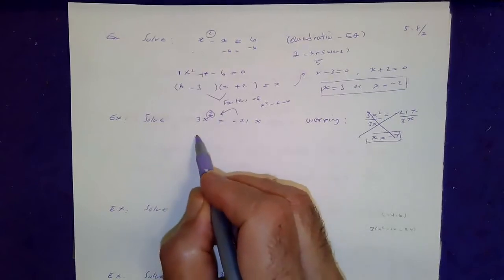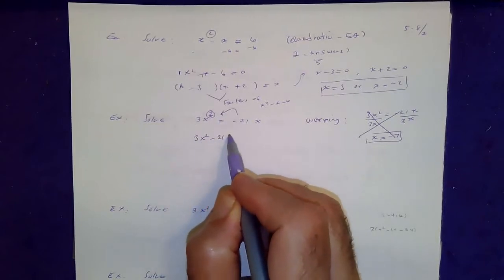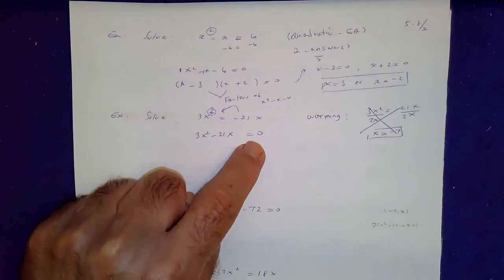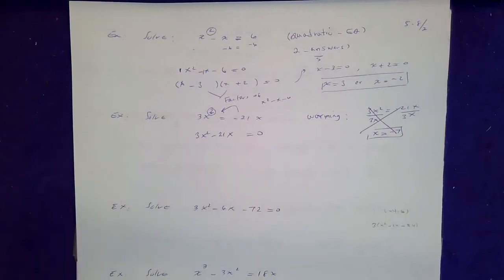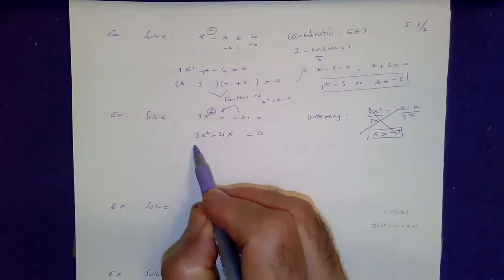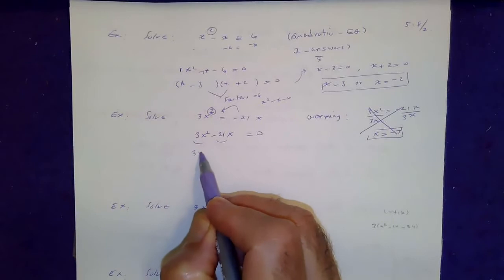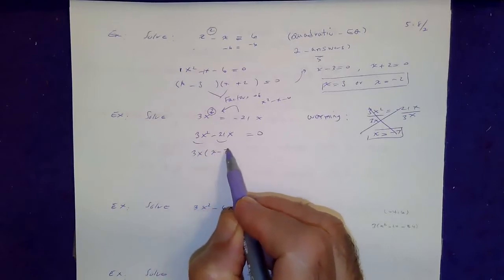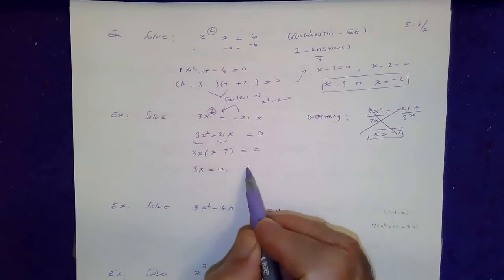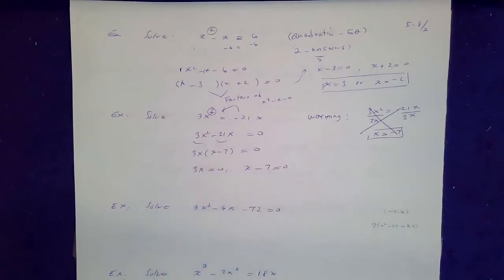Move this over. Okay. Make sure the equation shows up in standard form, which is what? You have to have a 0 on one side. It doesn't matter which side. Any side will do. Factor what? 3x. That will give you x minus 7. Set each of these equal to 0 and get your two answers.